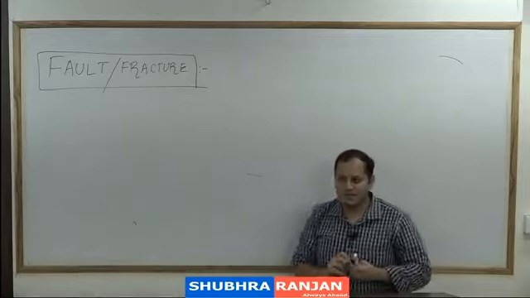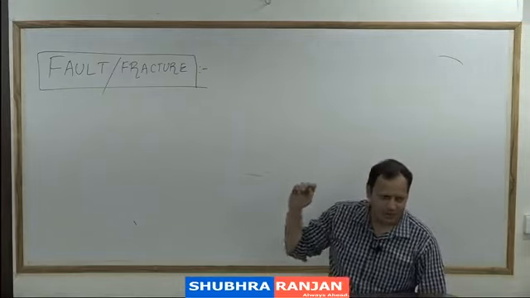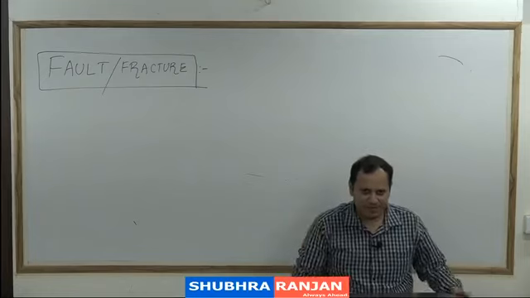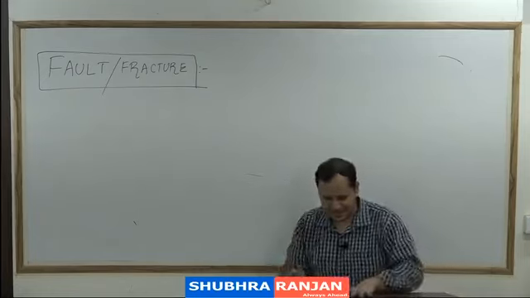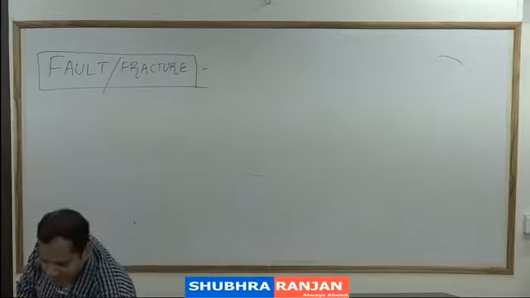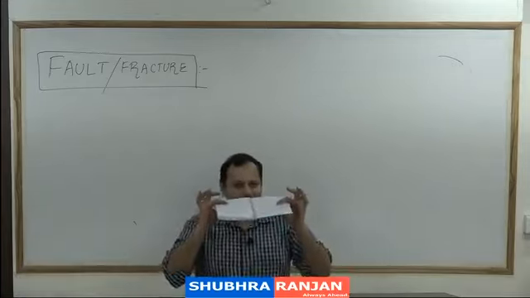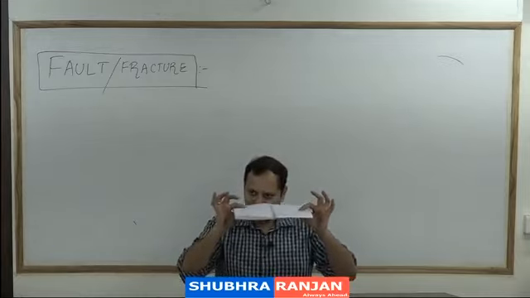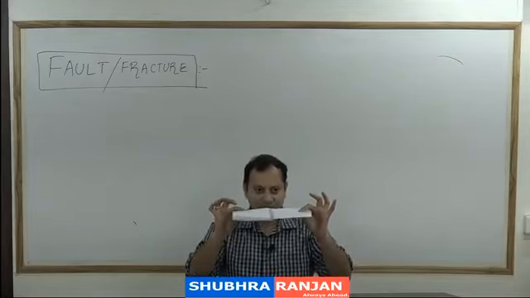Another name for fault is fracture, and with this it is now very easy for you to understand. What is faulting? Faulting is the breaking of the earth's crust. Now don't write anything, just see here. I'll again take this book as an example. If I pull this book from both sides, where is the greater chance that it will break?